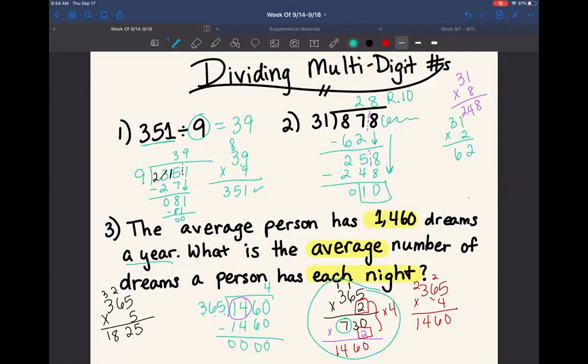So my answer is just what? What is my answer? 4. 4. I'll put it in pink. So the average person dreams 4 or has 4 dreams each night.